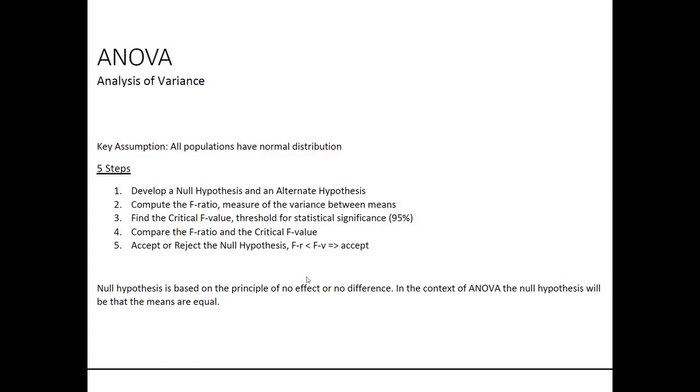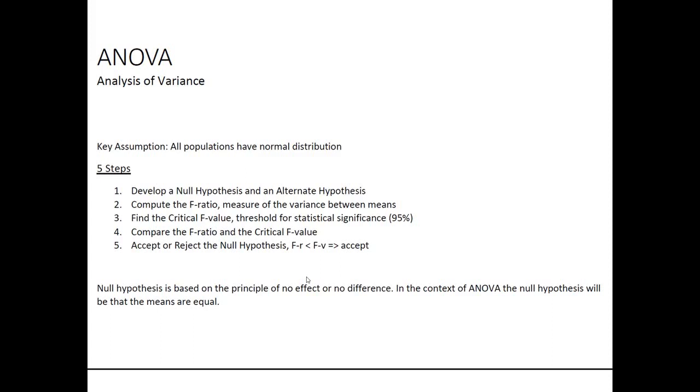And this F ratio calculation is really the heart of the ANOVA analysis. Once that is done, we will find the critical value. The critical F value is analogous to the t critical value that we used in the t-test. That gives us a benchmark value that we will use to see whether a significant difference exists between means of each group.